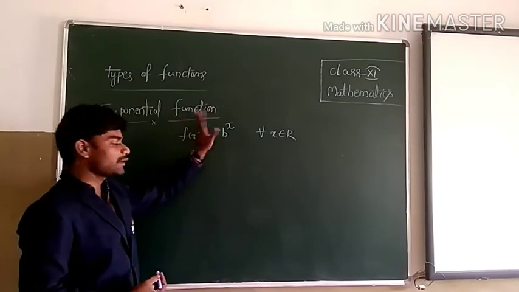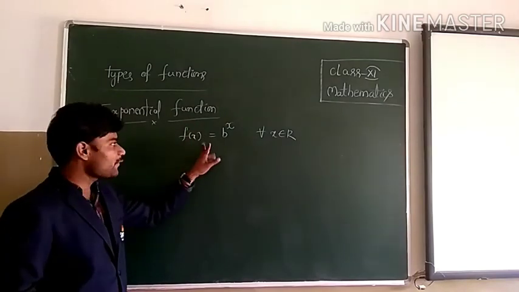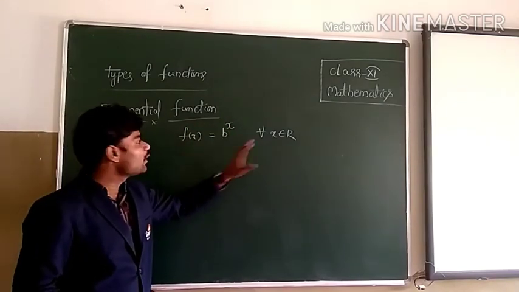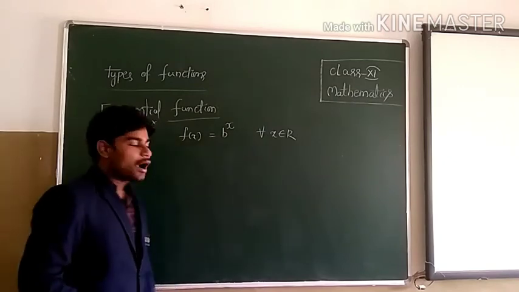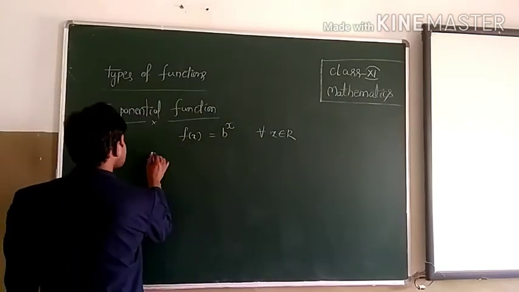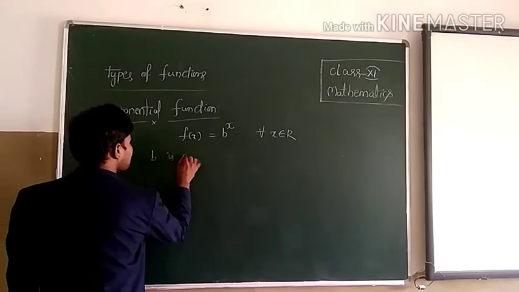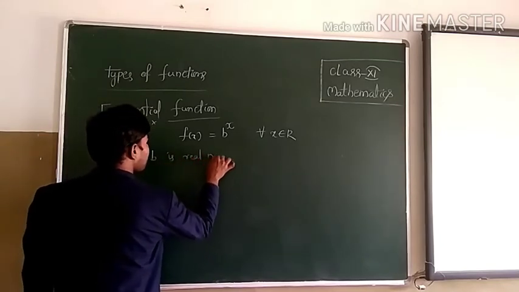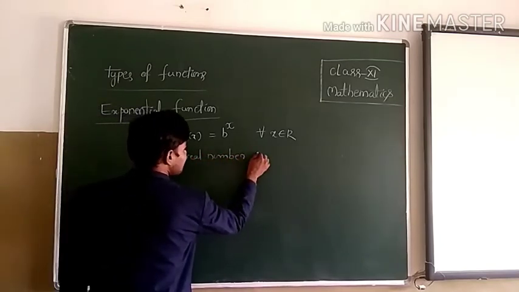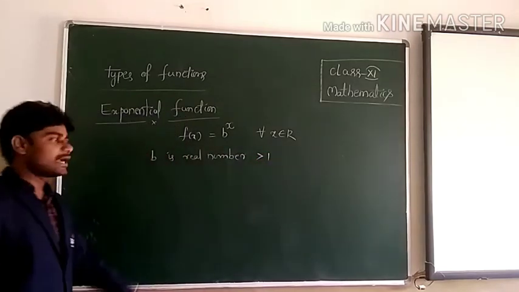Okay, the exponential function is a function defined as f of x is equal to b to the power x for all x belongs to R. Here b is a real number and it is greater than 1. This condition is important.